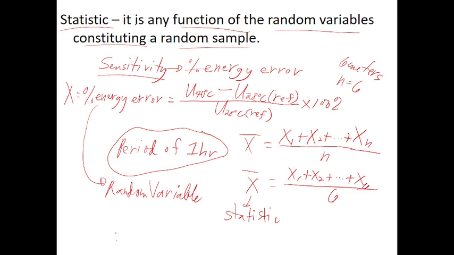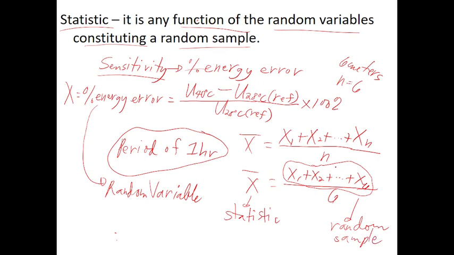So it is any function of the random variables constituting a random sample. Therefore, these 6 random variables are what we call our sample, and they are taken at random. That's why we have a random sample.